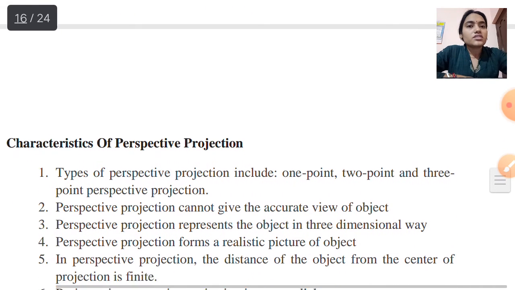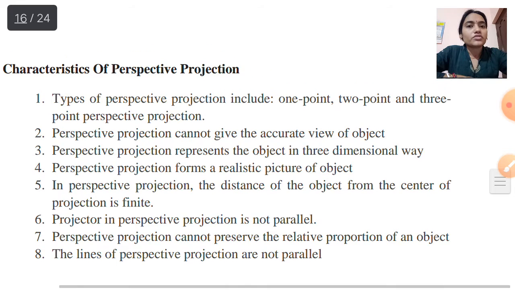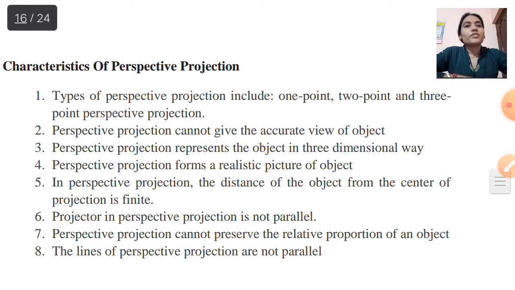Now let us discuss the characteristics of perspective projection. Perspective projection includes three types: 1 point, 2 point and 3 point. It cannot give an accurate view of the object. Perspective projection represents the object in a three-dimensional way.